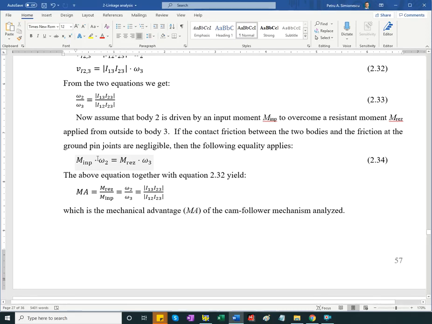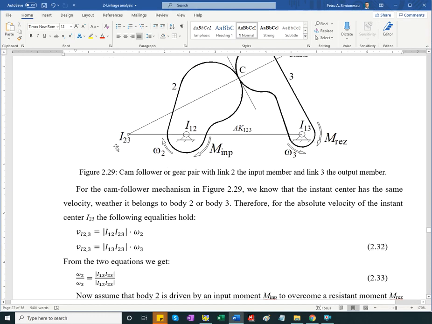Input power is the input moment times input link angular velocity. Output power is the resisting moment times the angular velocity of the respective output link. So from here we get the ratio resisting moment over input moment as omega 2 over omega 3, which we found earlier as being the ratio of these distances from the drawing.